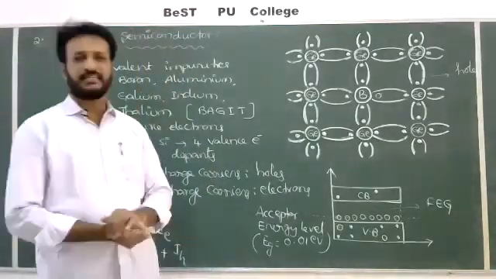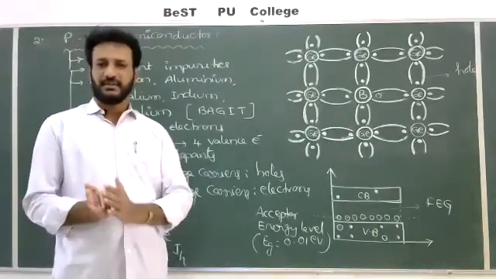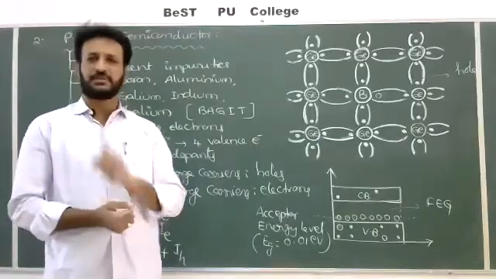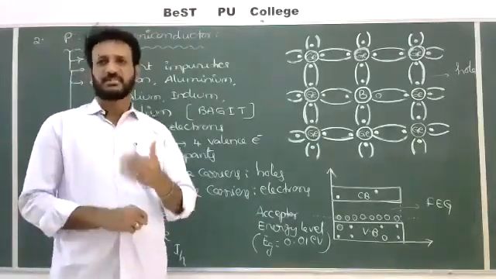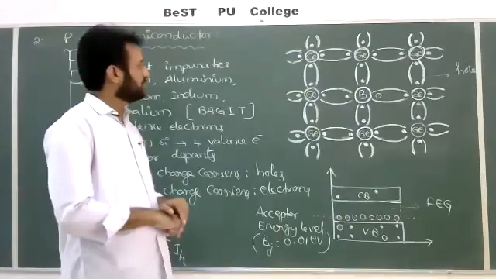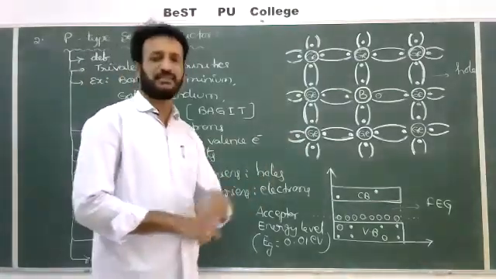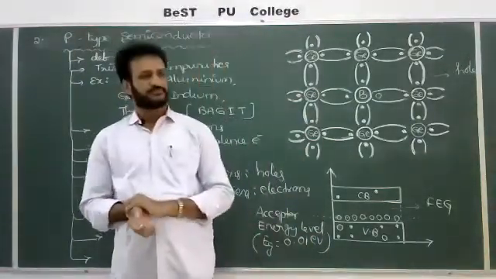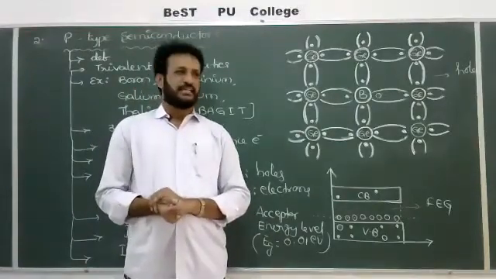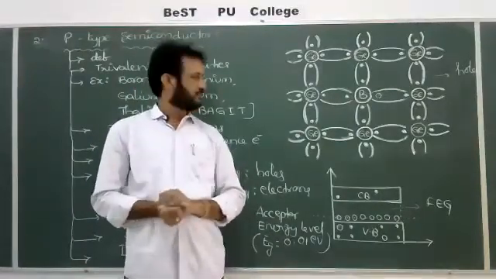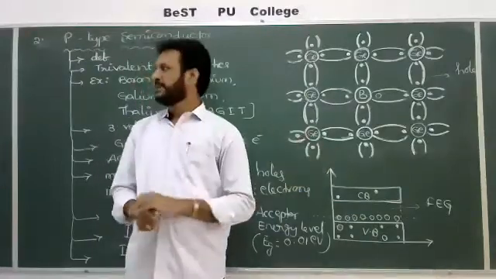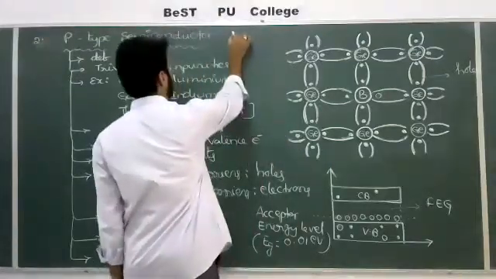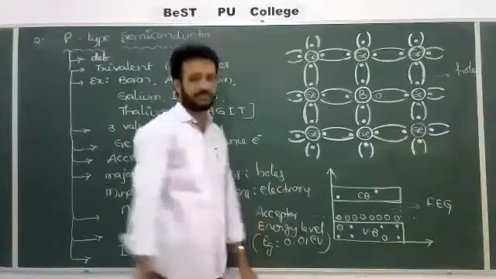Sometimes in an exam they may ask you to distinguish between p-type semiconductor and n-type semiconductor. The differences will be asked, as a 3 marks or 5 marks question. So we should write the differences in a box type. On one side write n-type semiconductor, and on the other side write p-type semiconductor.